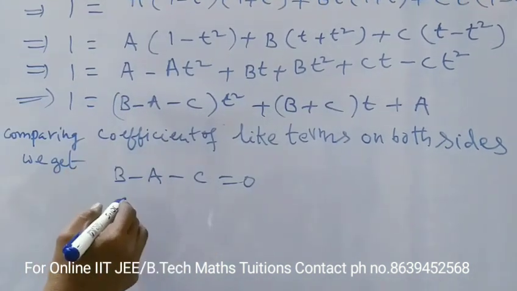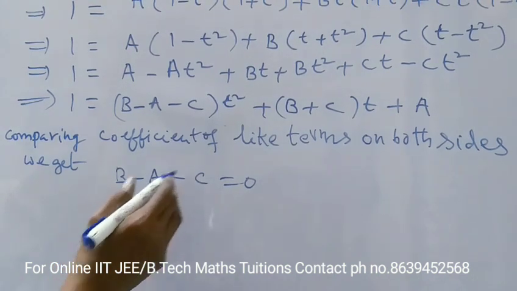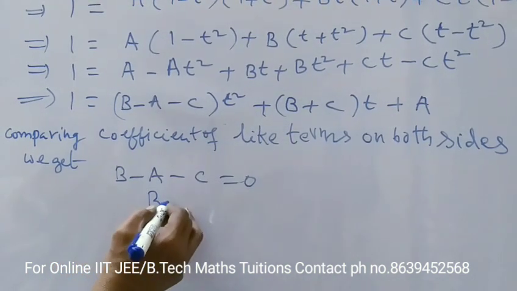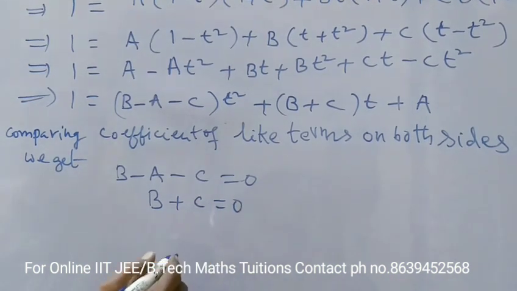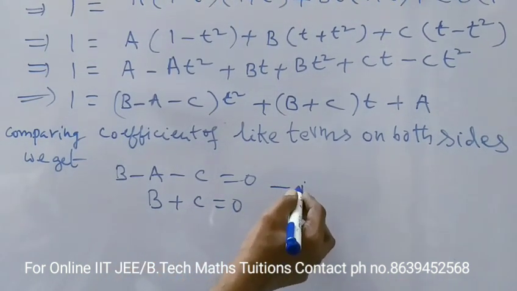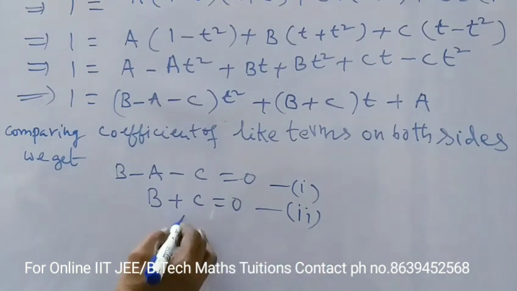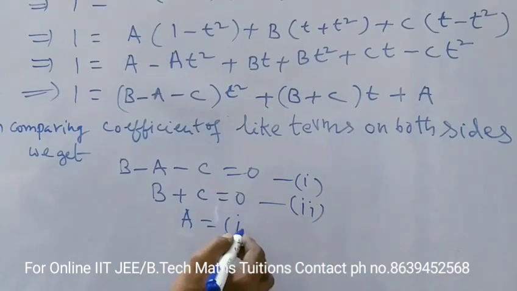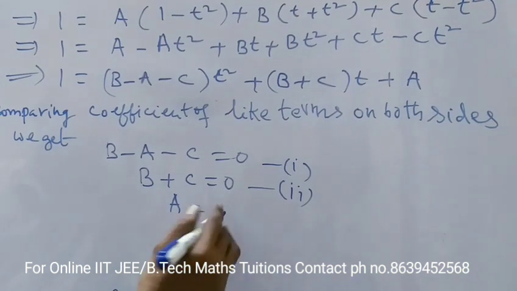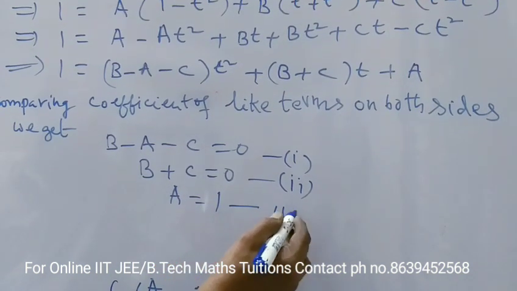So b minus a minus c is equal to 0 and b plus c is equal to 0. This is the first one, this is the second one, and a is equal to 1 is the third one.